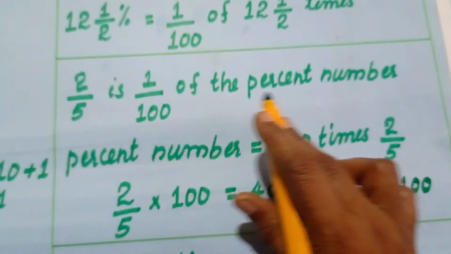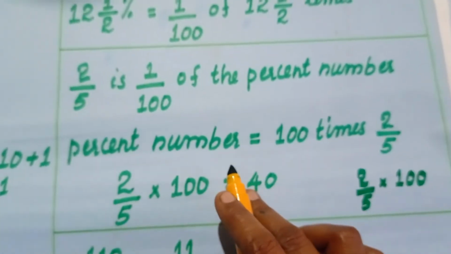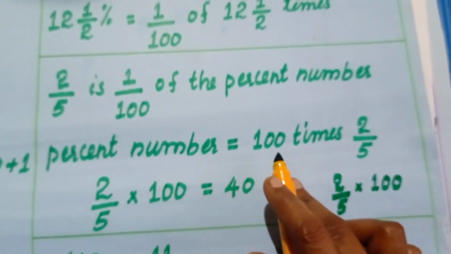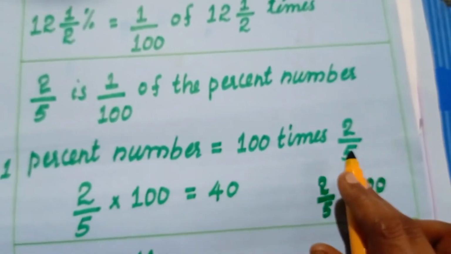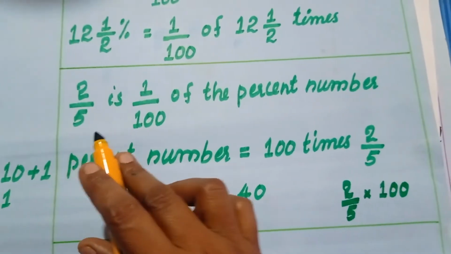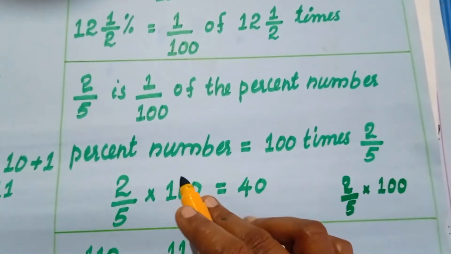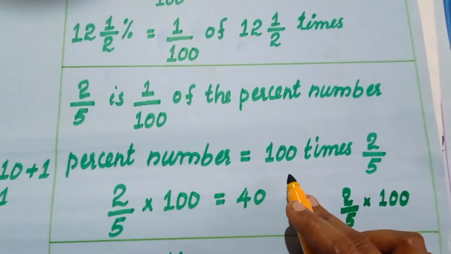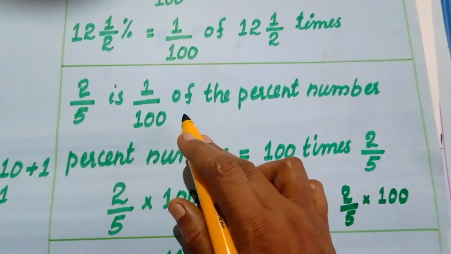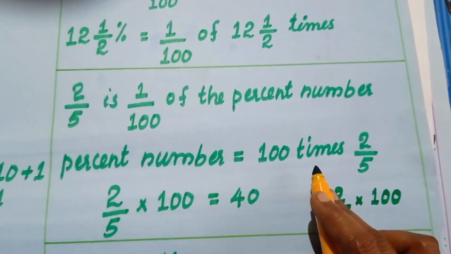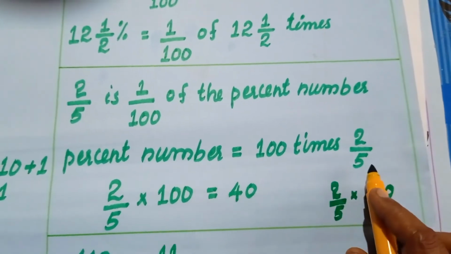So from this, the percent number is 100 times 2 by 5. Here 1 by 100 of is converted to 100 times. Then 100 times 2 by 5.